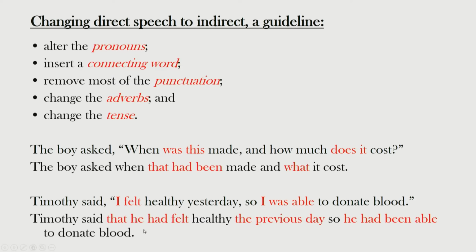I becomes he. Felt is past tense already, so that must become past perfect tense. Had felt, healthy, yesterday, okay, adverb of time, so that becomes the previous day. So, okay, I was becomes he had been able to donate blood. Again, all the punctuation is gone, except for the full stop and the capital letter. And that is that.